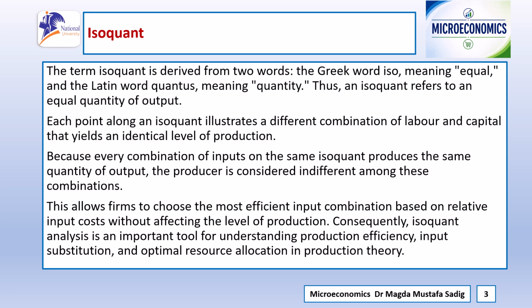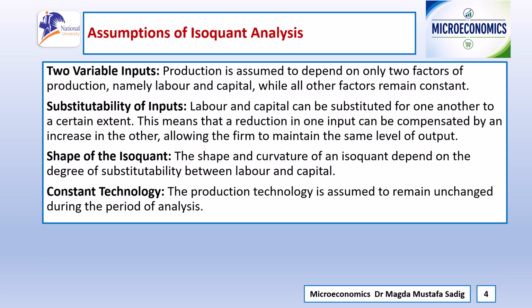Both combinations may produce exactly the same output. Since each combination gives the same production level, the producer is indifferent among them. The producer will then choose the combination that minimizes production cost. This makes isoquant analysis extremely useful in production planning.